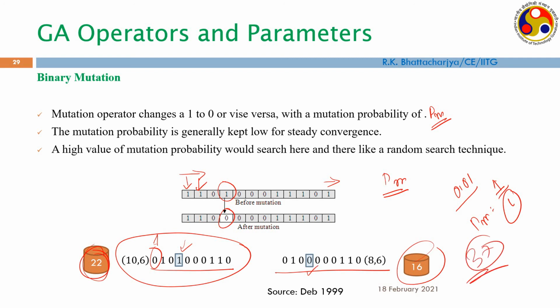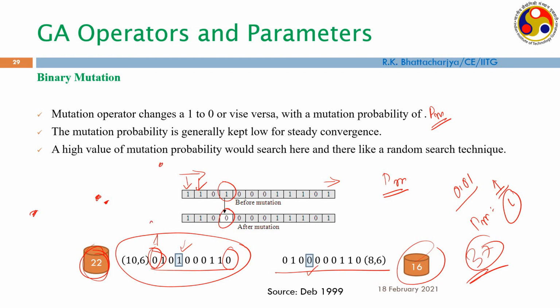Therefore mutation may create a solution near the existing solution if the right bits are changed. But if the left-hand side bits are changed, then you may create a solution at a different location. Suppose you are here: if the right bit is changing, you get a new solution nearby, but if left bits are changing, you may get a solution here or here.